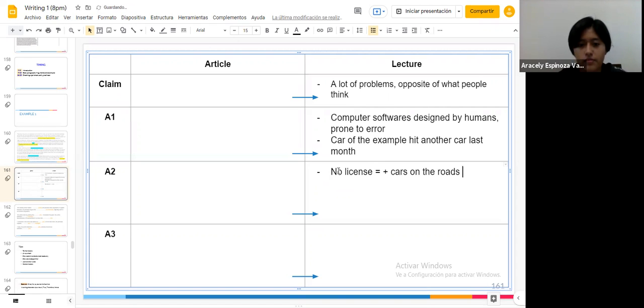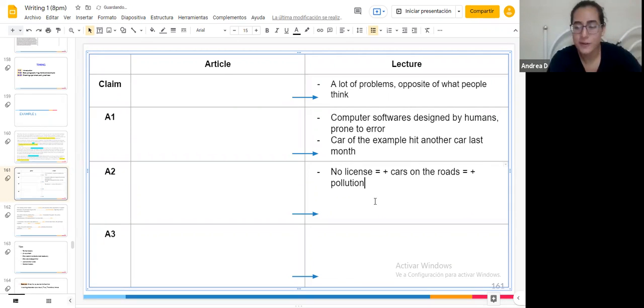Okay. And that means more cars means more pollution. Exactly, perfect. So they won't need a license. There's not going to be any restrictions. So kids and elderly people are going to be driving. More cars equals more pollution. Great.